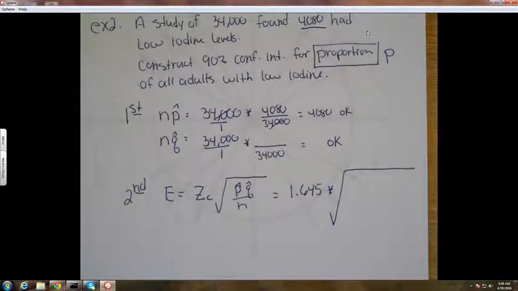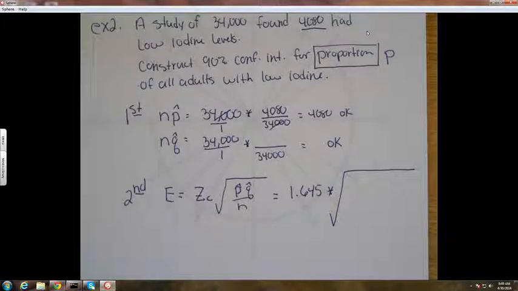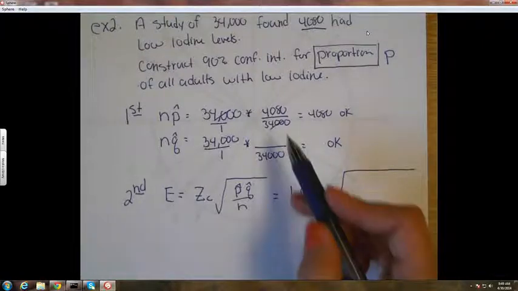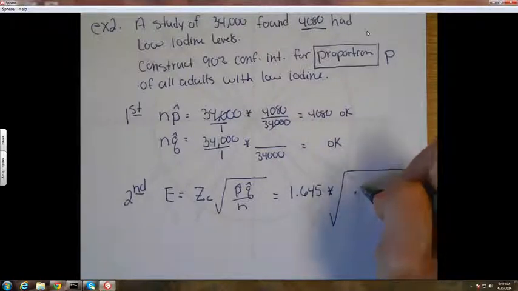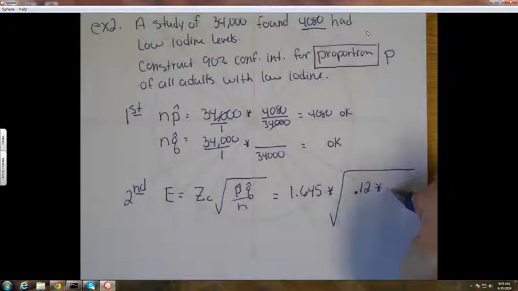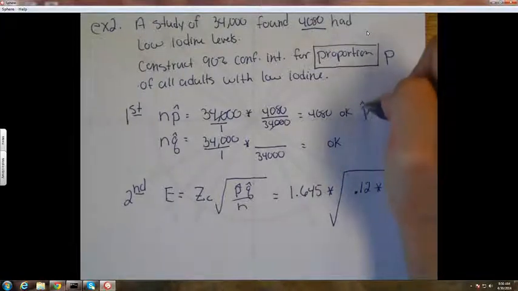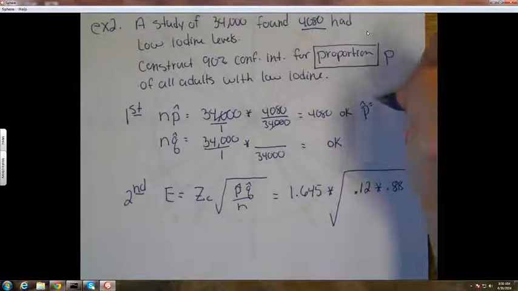P hat, we could put the fraction in here. Oh, you got 0.1. You did the decimal already? Okay. So then Q hat would be 0.88. Is everybody okay with where those came from? P hat is just your number of successes, 4080, over sample size, 34,000.